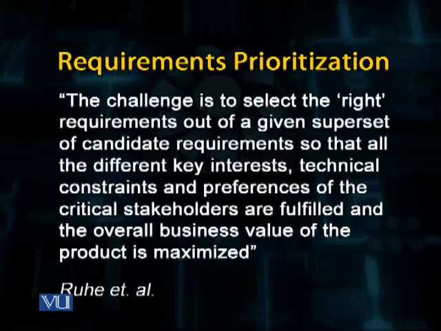The challenge is to select the right requirements out of a given superset of candidate requirements, so that all the different key interests, technical constraints, and preferences of the critical stakeholders are fulfilled, and overall business value of the product is maximized. That is the challenge of requirements prioritization.